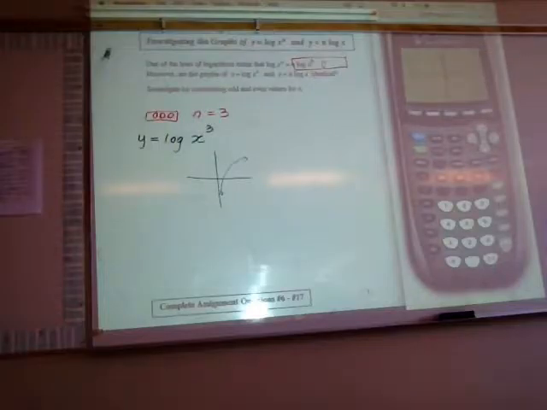Now, say we didn't have our calculator, we would have to use a table of values to figure out where this graph exists. And I'm just going to shortcut by going to the table of values on your calculator.